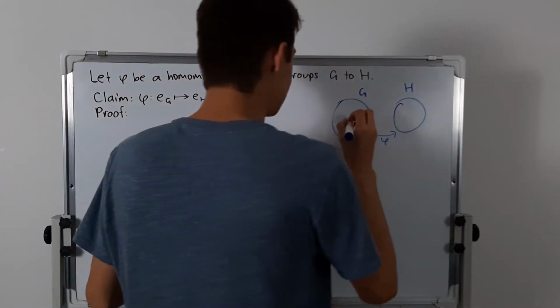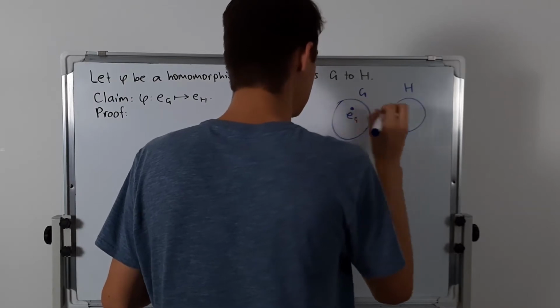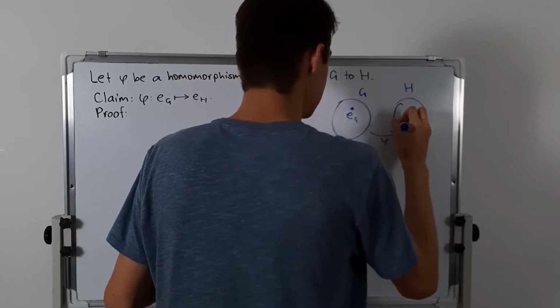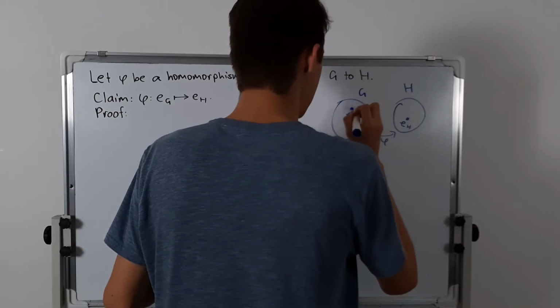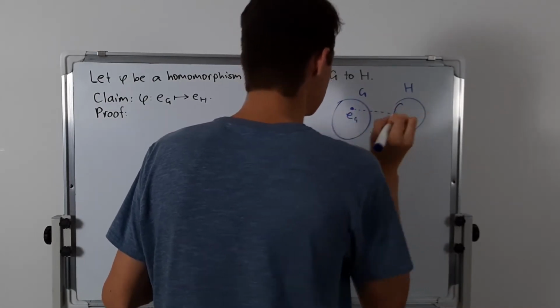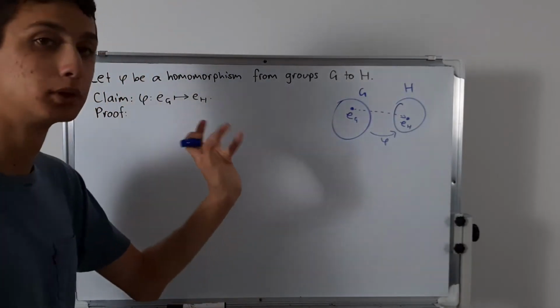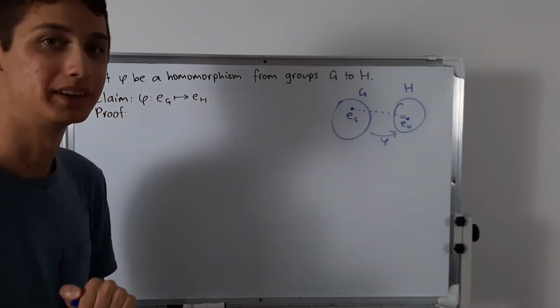It will take the identity of G, which let's say is here, to the identity of H, and it will map it to that identity. So basically I'm proving that a homomorphism will map identities to identities.